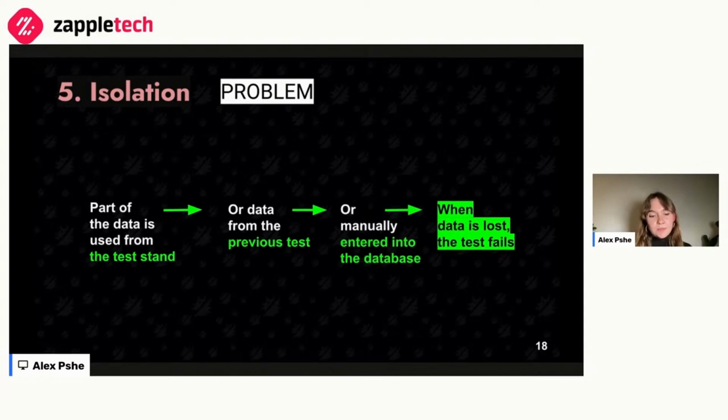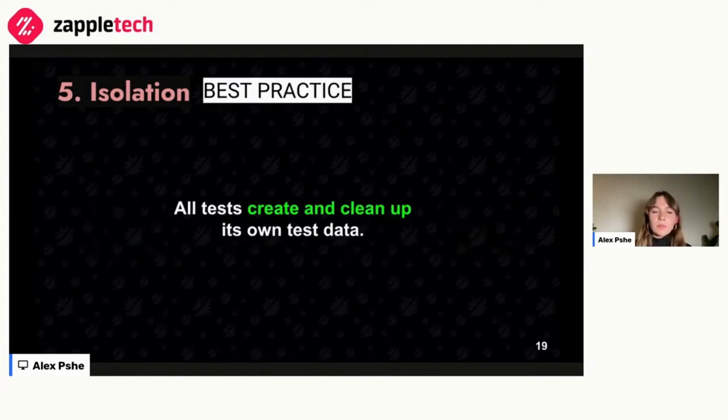And yeah, we can see that we have a big lack of isolation here, because every test cannot run independently. And that's why it's really important that all tests create and clean up their own test data.